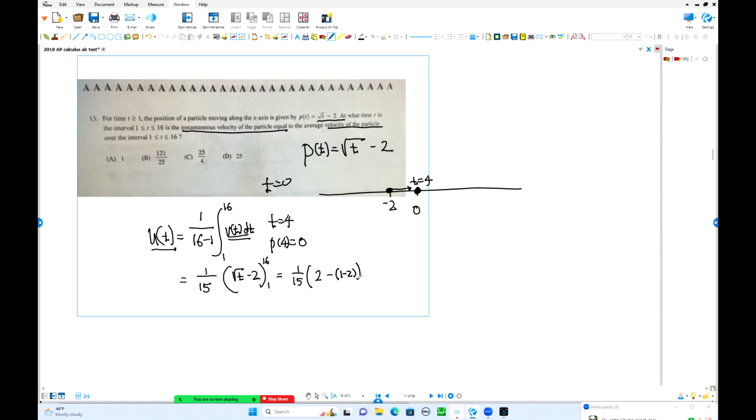Inside is 2 minus negative 1, which is 3, right? So 3 over 15 is equal to 1 over 5.